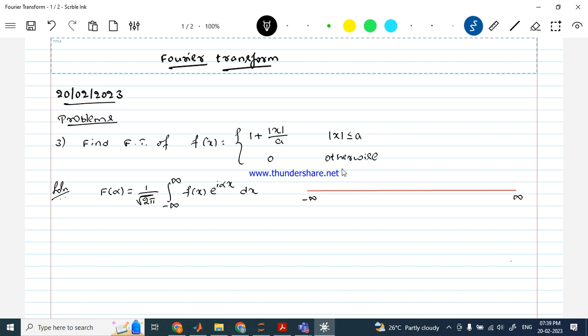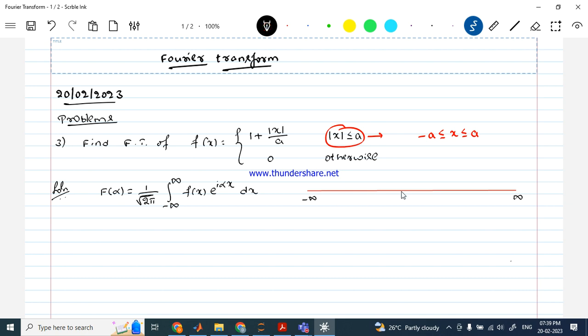And how is the interval designed? They are saying mod x less than or equal to a. What is the meaning of this? It means the values of x lie between minus a and plus a.